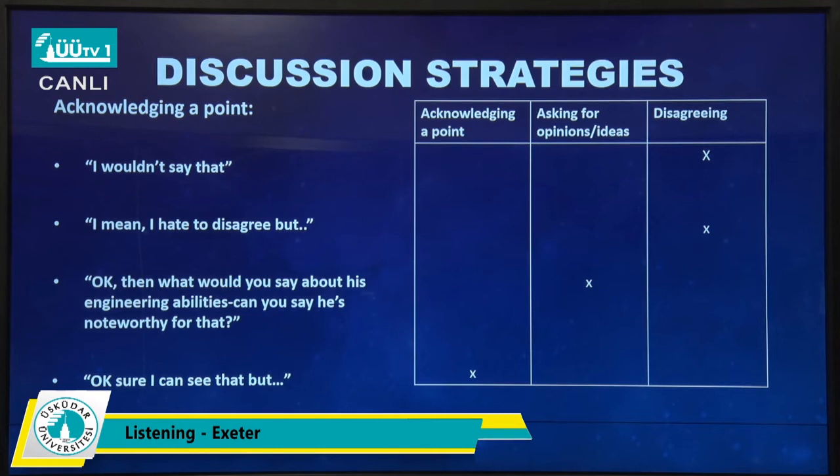For those of you who love Beşiktaş or Galatasaray football team, I'm going to say that I can see that Beşiktaş team always won the Turkish Cup or Championship League, but I still think that Fenerbahçe is the best. Something like that.